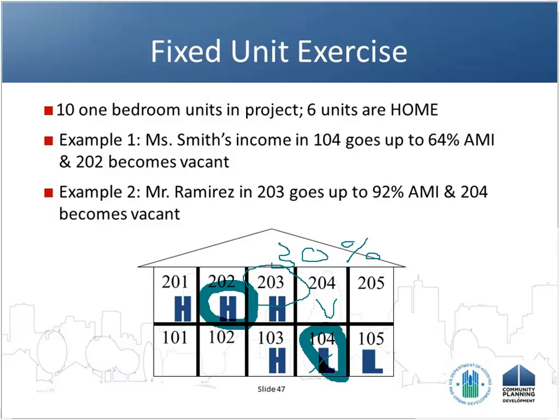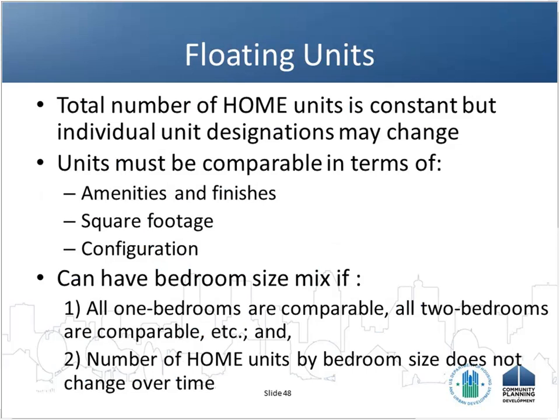We would also be looking to see that the rent was adjusted appropriately for Mr. Ramirez. And over time, with Mr. Ramirez's unit, we would be watching to see if that unit became available, and if so, we would make sure that we brought that project back into compliance by renting it to another income-eligible household.